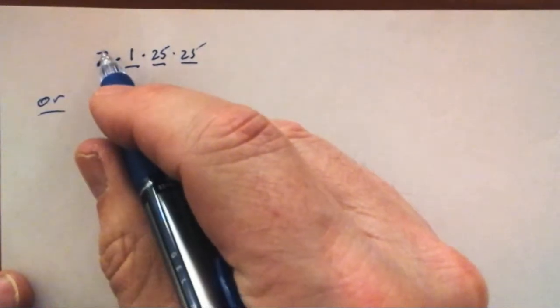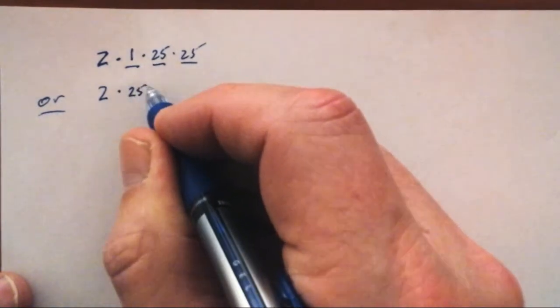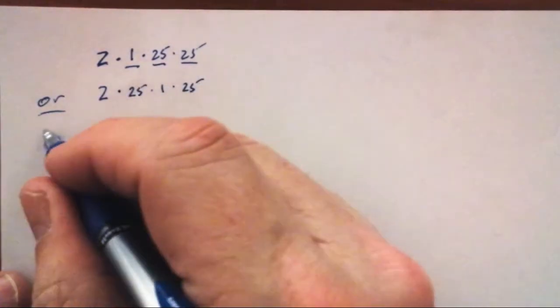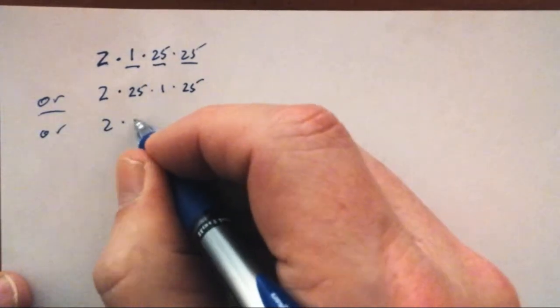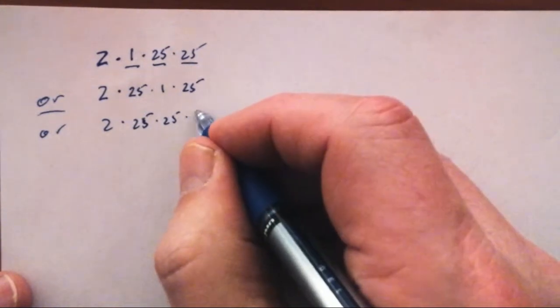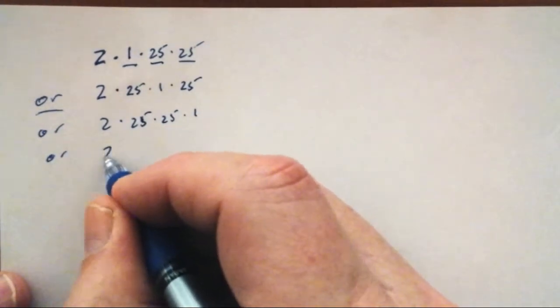Or I'm going to choose a K or a W, and then I'm going to not have a Q here, and I'm going to have a Q here, and I'm going to not have a Q here. Or not a Q, not a Q, Q. Or, stick with me here, I've got a shortcut for you coming up.